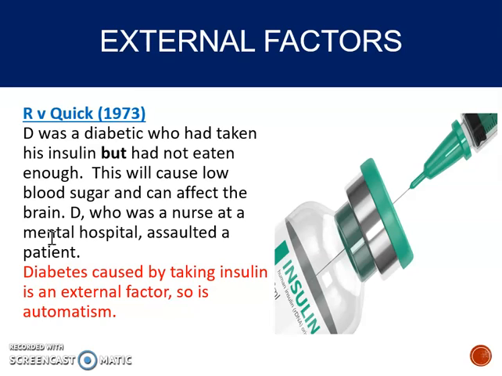He was a nurse at a mental hospital, and during this diabetic state that he was in, he assaulted a patient. Now, the court said here that diabetes caused by taking insulin is an external factor, so that would be the defence of automatism, which we will look at in a separate video tutorial.